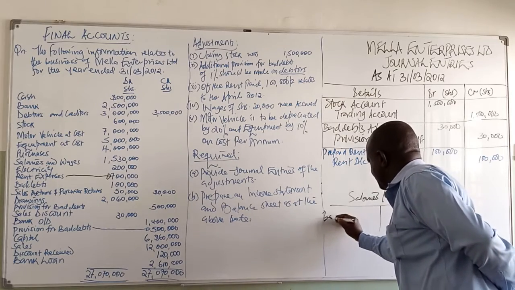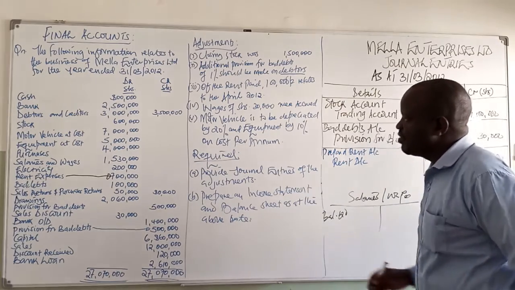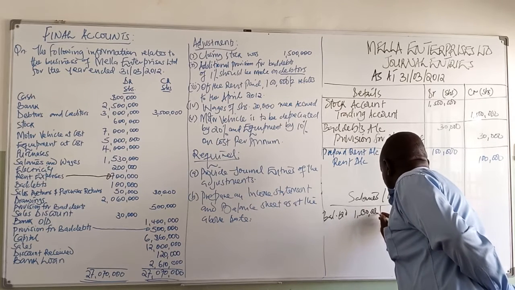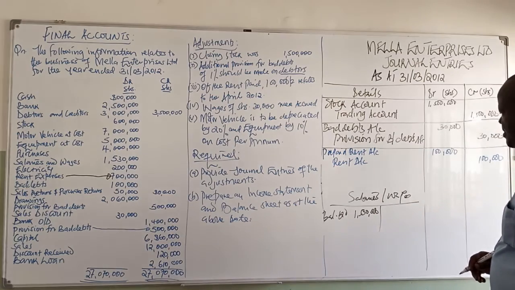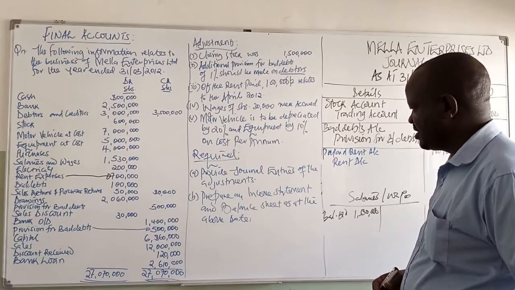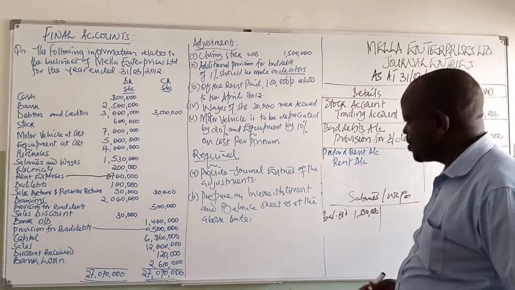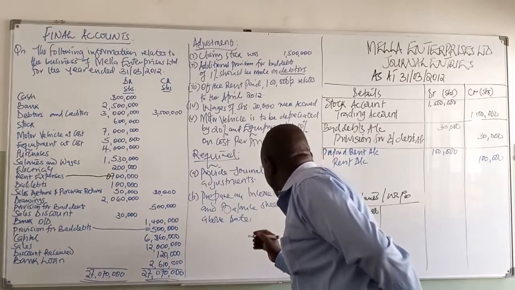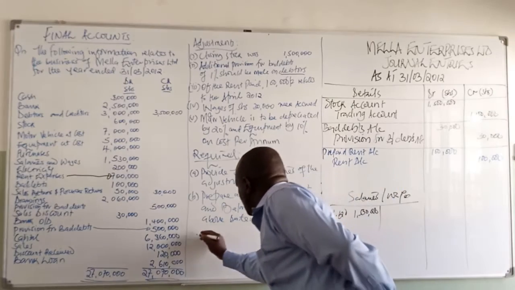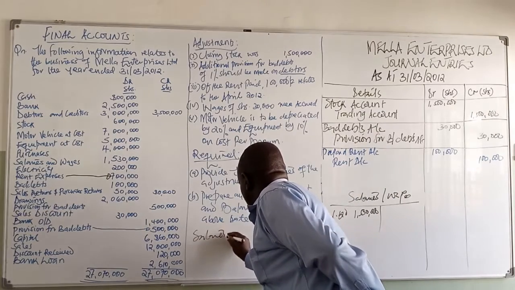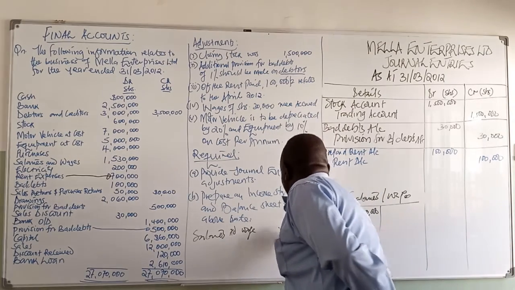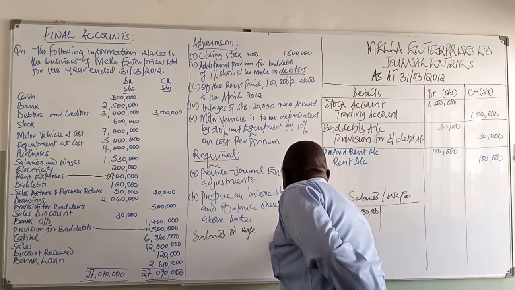And we have here balance brought down of 1,530,000. So we know very well that in the income statement, we have always been preparing where we have less operating expenses and saying salaries and wages would say 1,530,000.